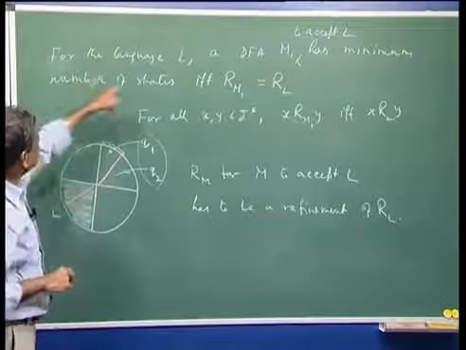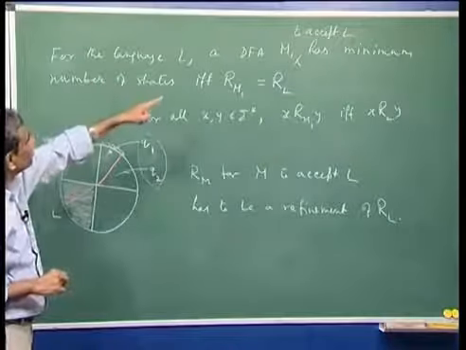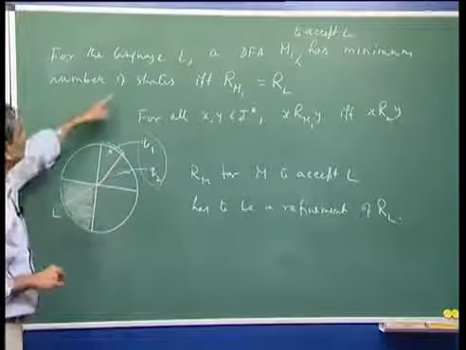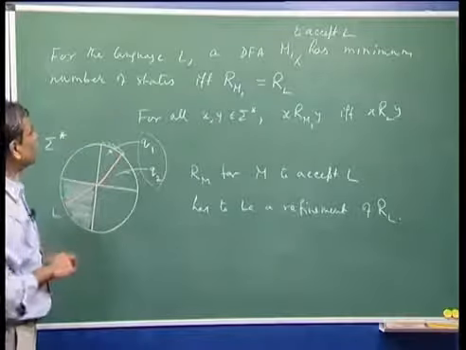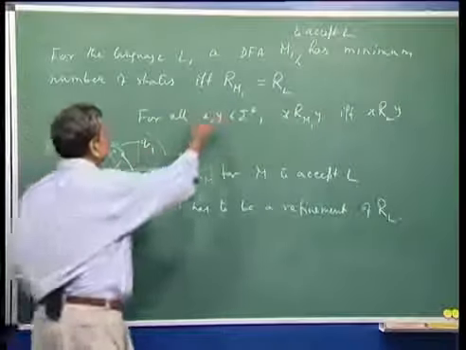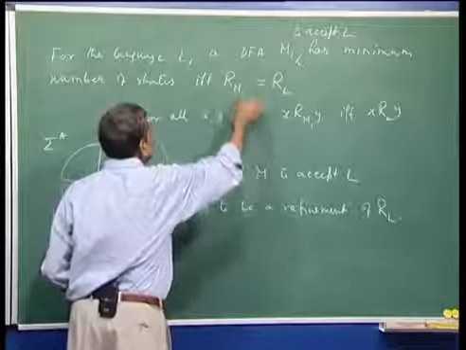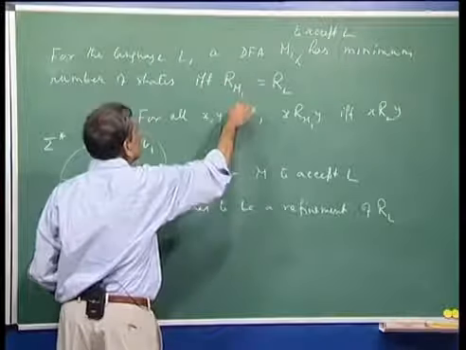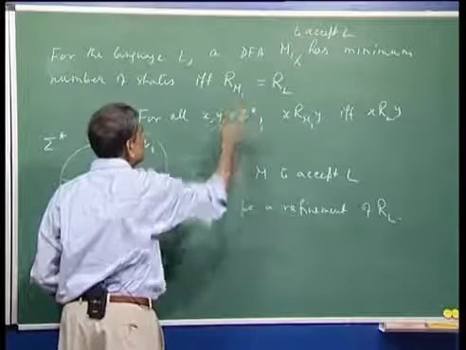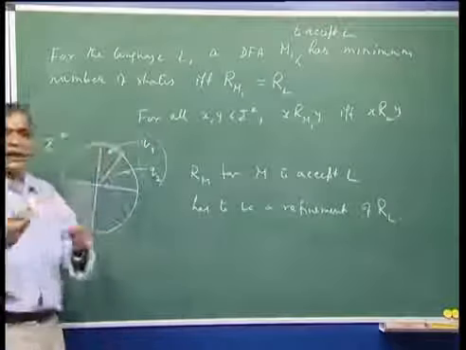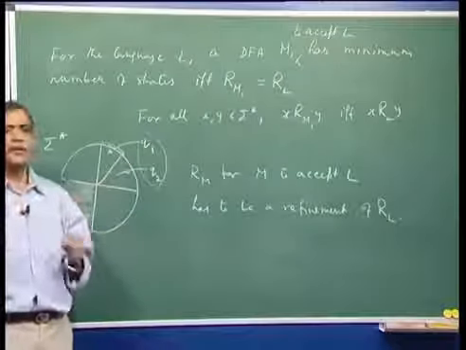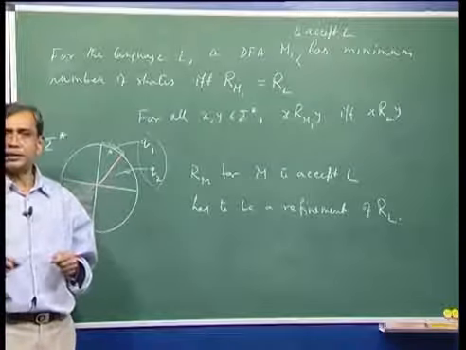that for the language L, a DFA M1 to accept L has the minimum number of states if and only if the equivalence classes corresponding to that machine RM1 are exactly the same as the equivalence classes of RL.